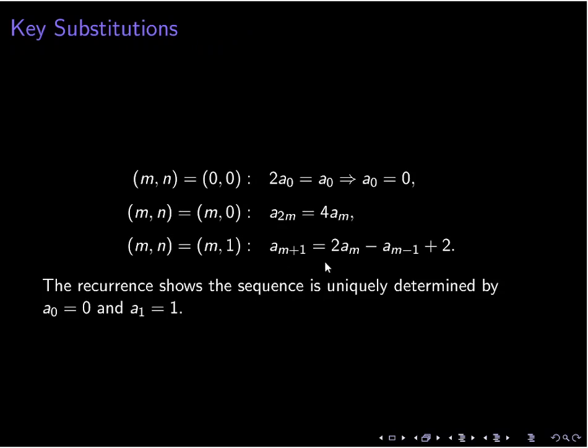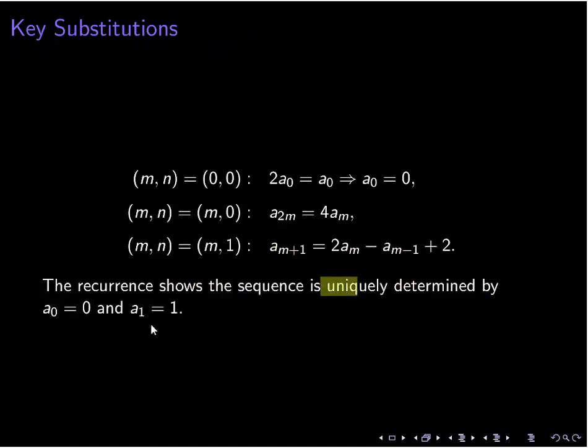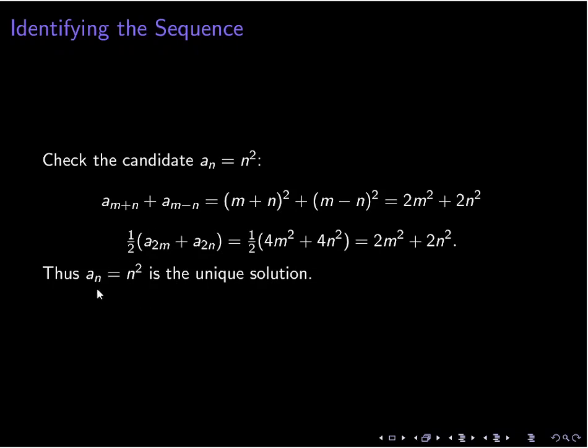And because the sequence is determined by a_0 and a_1, and we have their values, that means that a_n equals n squared is the unique solution. Just think about it a little. I don't know how to explain it. I suck at explaining.